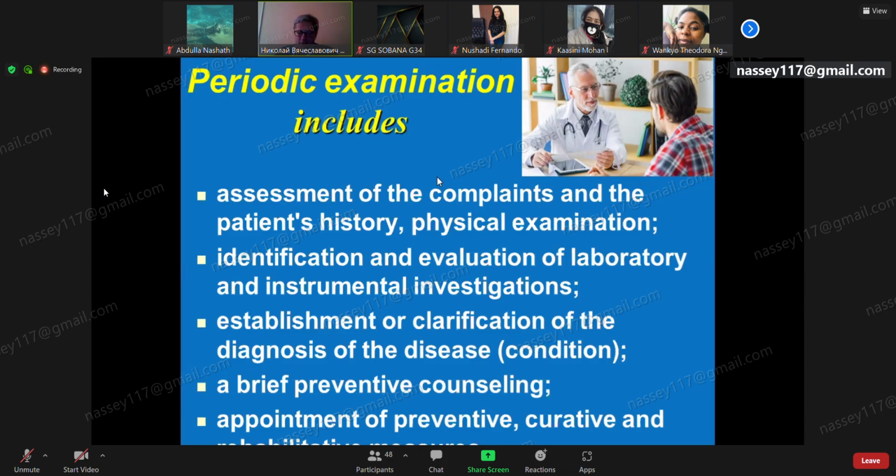This process also includes establishment of a clarified diagnosis or pathological conditions after concrete examination. For example, after a glucose tolerance test, we should confirm or exclude diabetes, or coronary artery disease according to the level of total cholesterol.